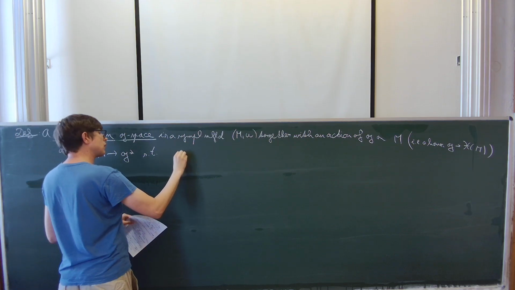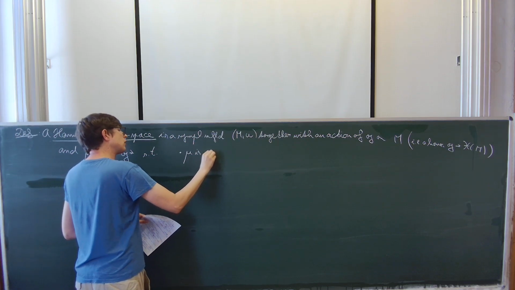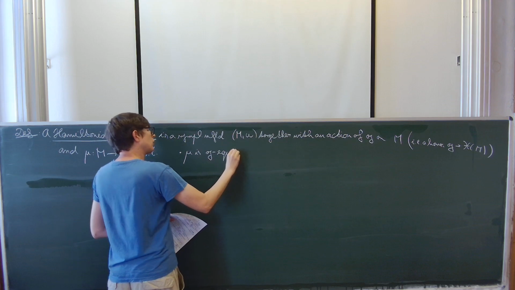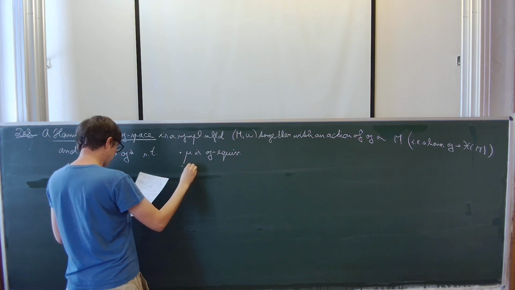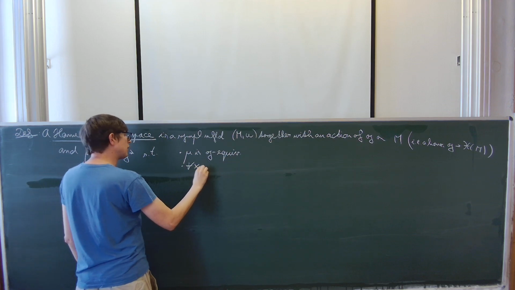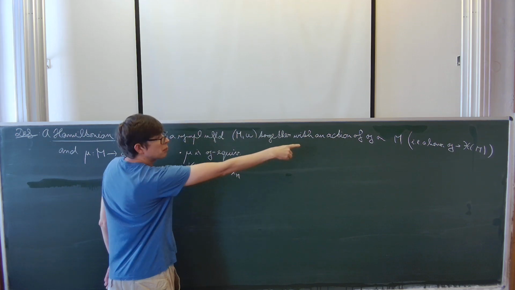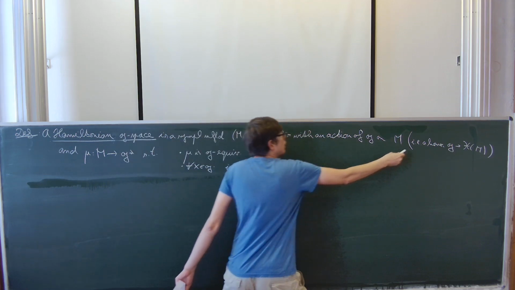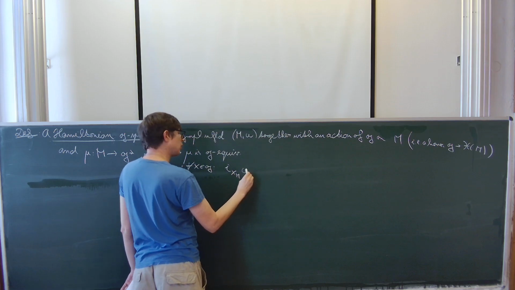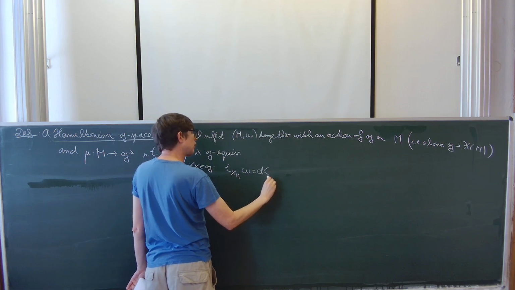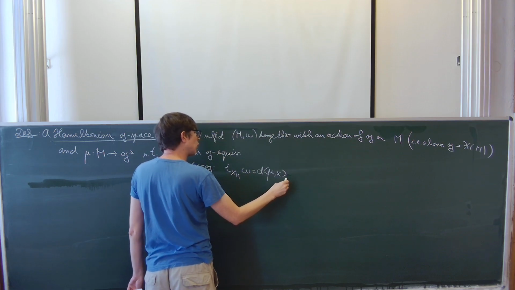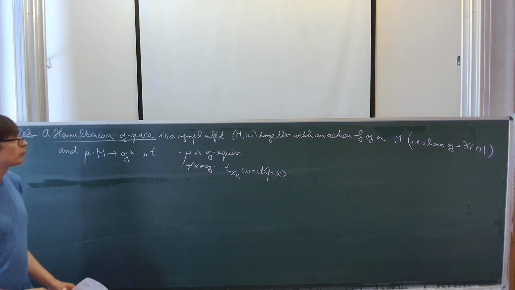First, mu is g-equivariant. The second condition is the same as before: for all x in the algebra, the fundamental vector field, which is simply the image in here, should be Hamiltonian, and all the Hamiltonians are collected in this moment map.